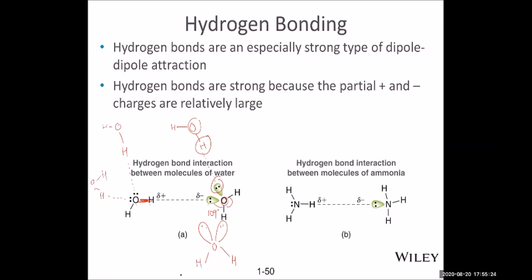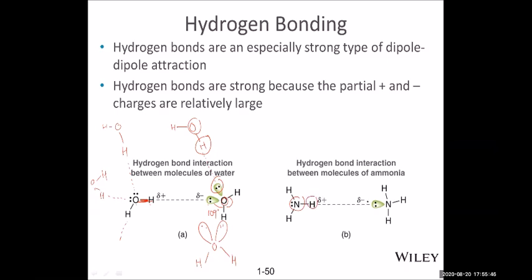So that's how water molecules form hydrogen bonding. Each water molecule can form 4 hydrogen bonds. Ammonia molecules are very similar, and the lineup is also very similar.